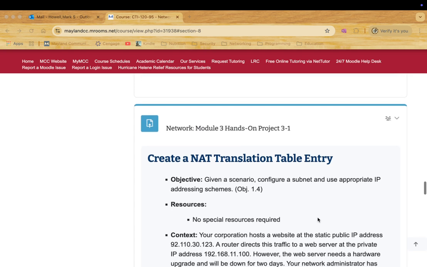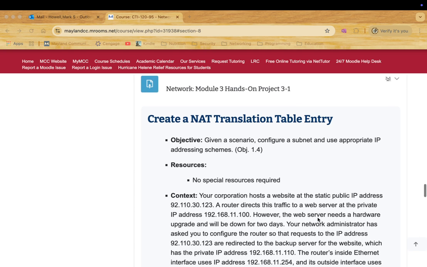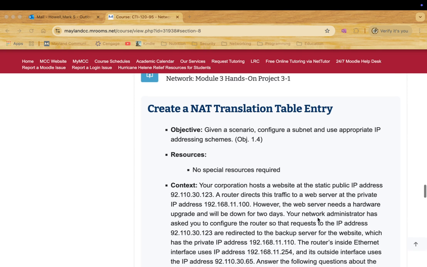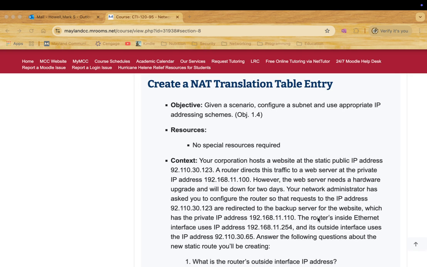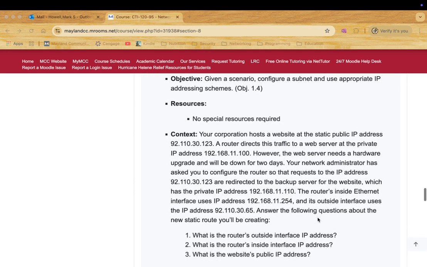And then I posted a hands-on project. And this one should help you, at least via the content of the material, to look at how you set up a network and create an addressing scheme.